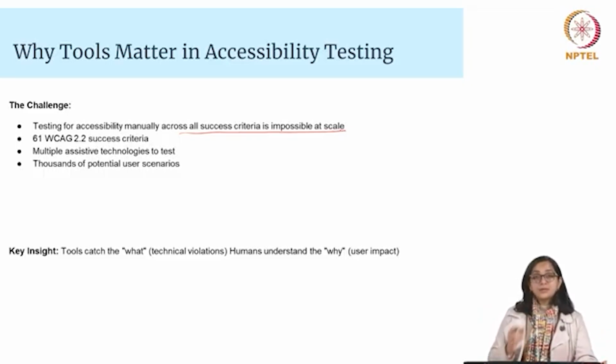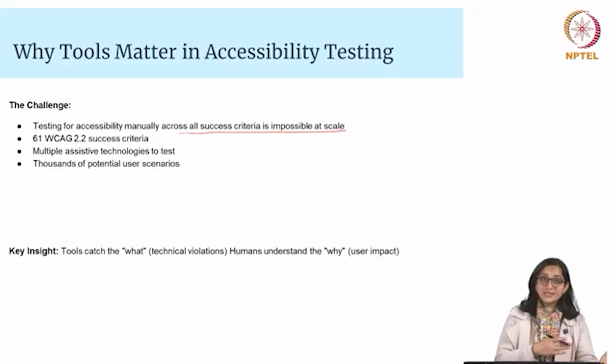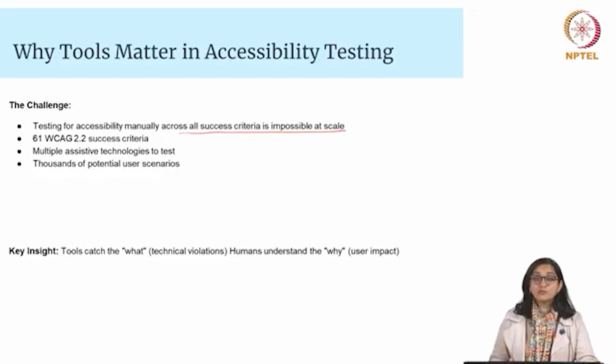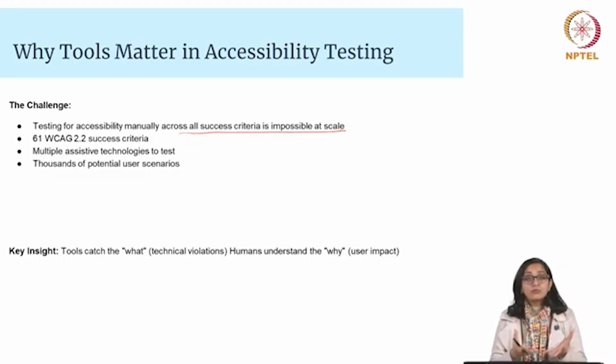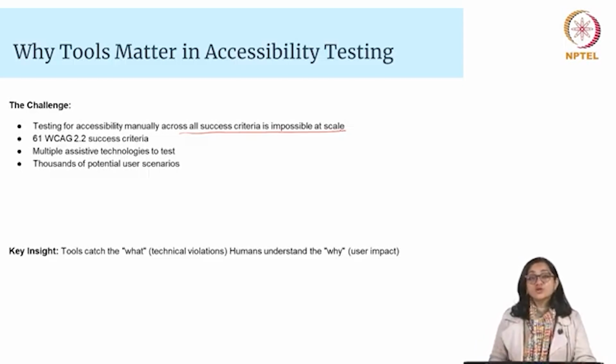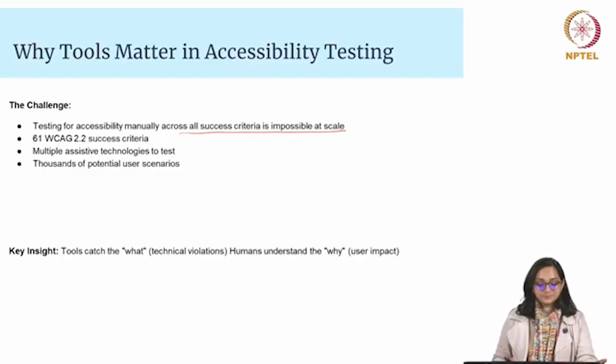There can be multiple assistive technologies that require testing in terms of robustness, and thousands of potential user scenarios, right? So this is a huge challenge. How do we actually achieve accessibility testing, particularly when it is now mandated by law? How do we ensure that for our organization?